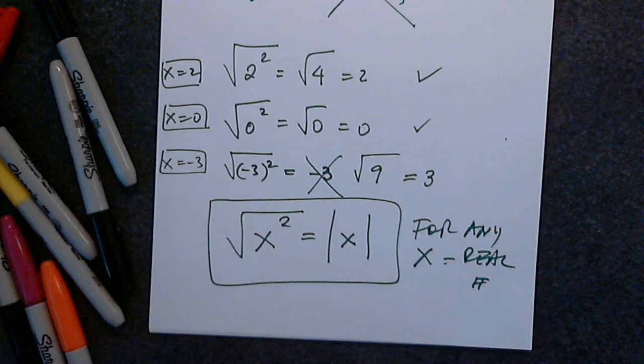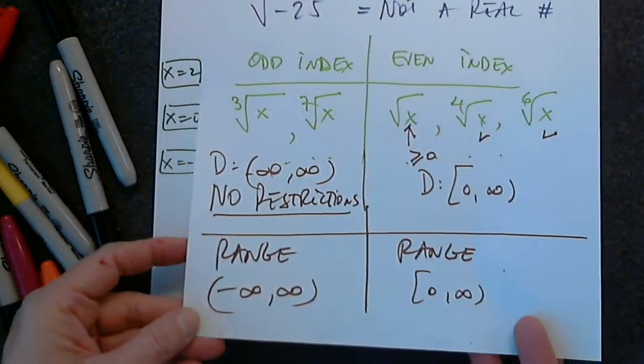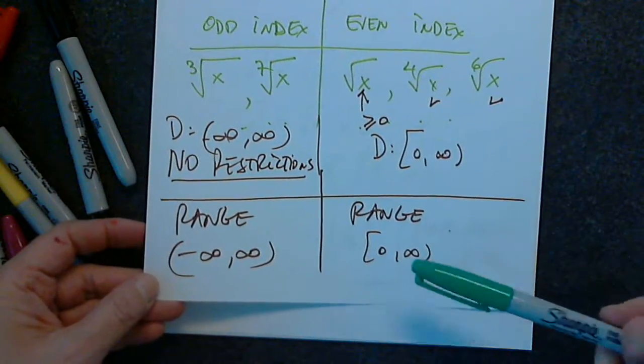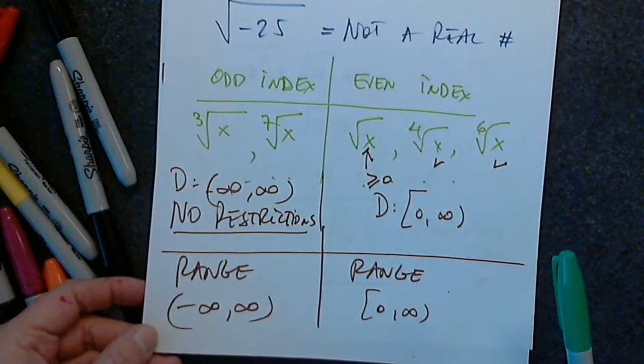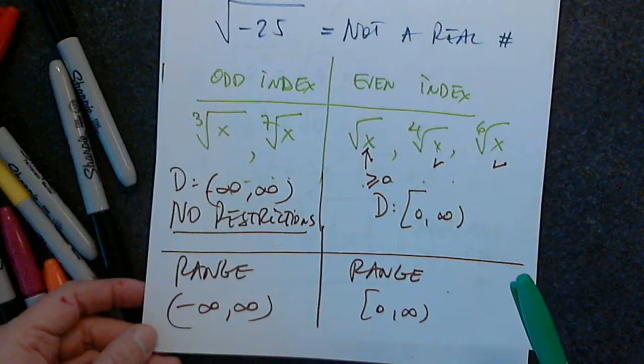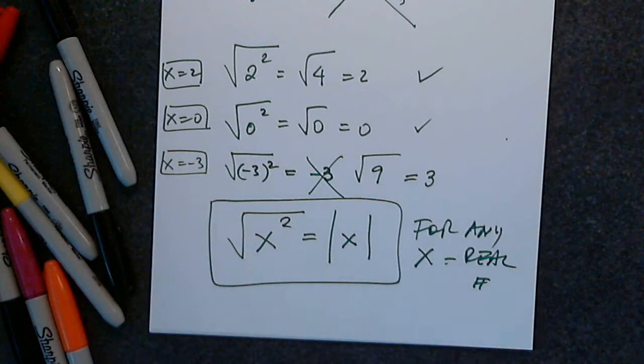So be very careful. The square root of x squared is not x, but the absolute value of x, for the same reason we just discussed. The domain and the range of something like this is always 0 to infinity. Very good question, Bob. Thank you.